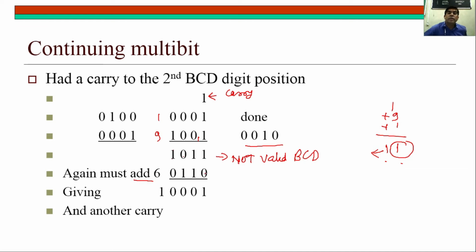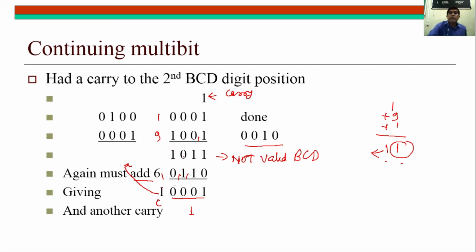What happens? 1 plus 0 is 1. 1 plus 1 is 0, carry 1. 1 plus 1 is 0, carry 1. 1 plus 1 is 0, carry 1. And 1 comes here. This carry comes here. So what is this now? This is 1 and this is the carry coming out. So this is to be added to the next stage. The same fashion we proceed.